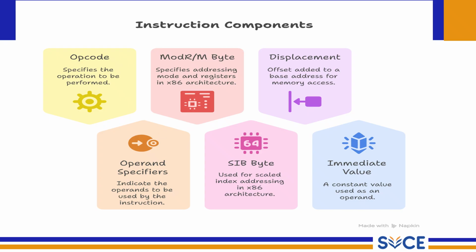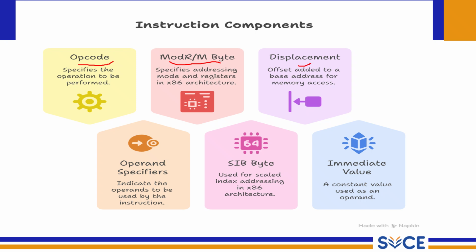First is the opcode, which specifies the operation to be performed. The ModR/M byte specifies the addressing mode and the registers in the x86 architecture. And displacement is an offset added to a base address for a memory access.